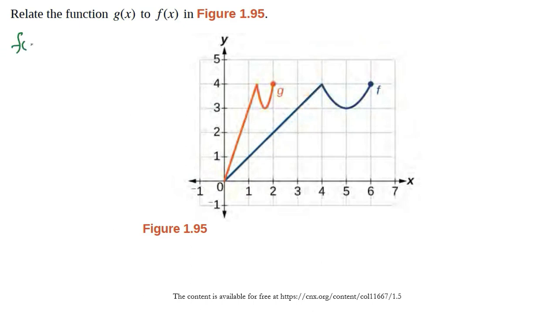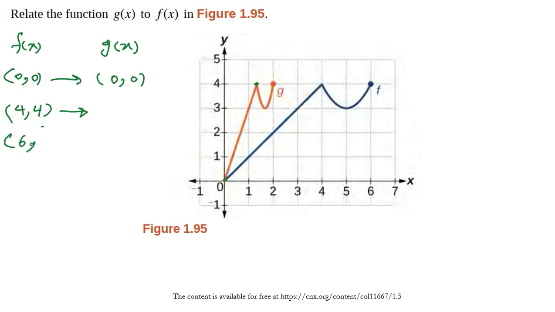So here we have f of x and g of x. 0 and 0, 0 and 0. 4 and 4. This one is difficult to say, this point. So let's go to the next one. 6 and 4. 2 and 4.